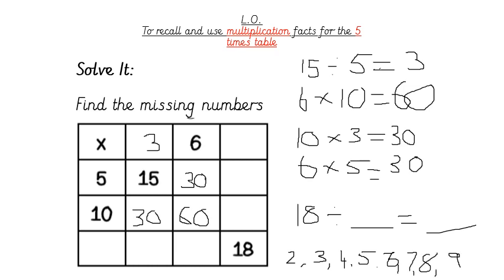Okay, so see which numbers go into 18. I'm not going to tell you the answers. I want to see if you can work out what the answers are. So what 2 numbers go in here? You're going to put one of these numbers up here, and then you're going to put the other number in this box. And then once you've worked out those answers, then you can work out the rest of it. Okay? And I want to see, maybe there's more than one way of working this answer out. Maybe there isn't. Maybe there's just one way. See if you can do that.